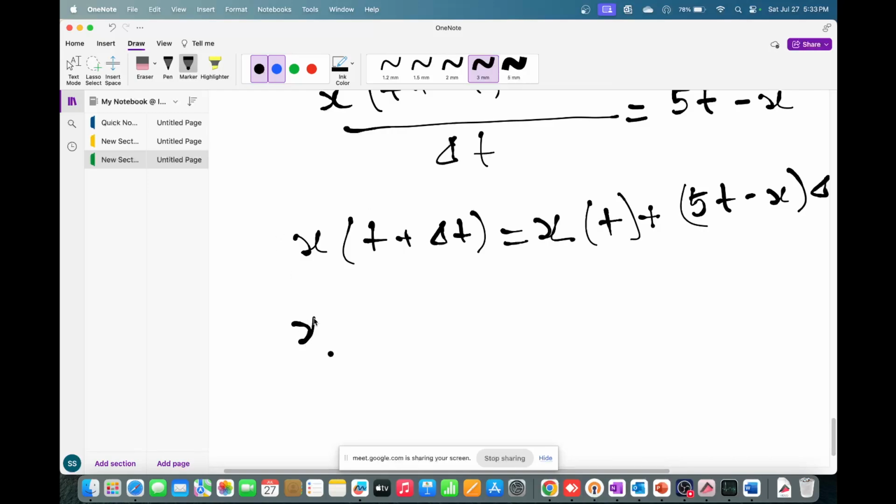So if you substitute t equal to 0 and delta t equal to 0.5, this will be 0 plus 0.5 into 5 minus x of 0.